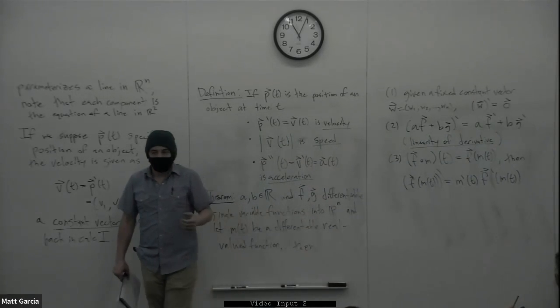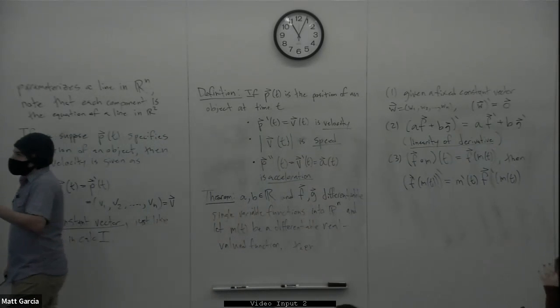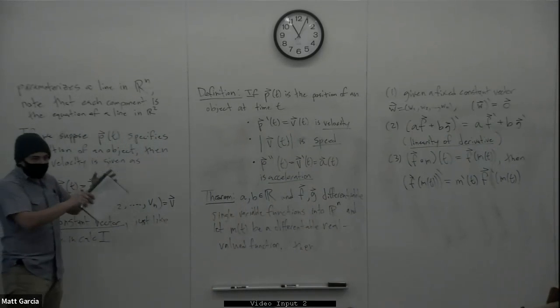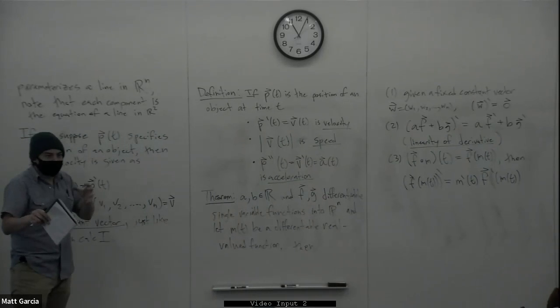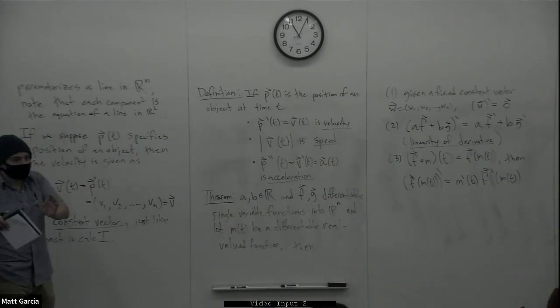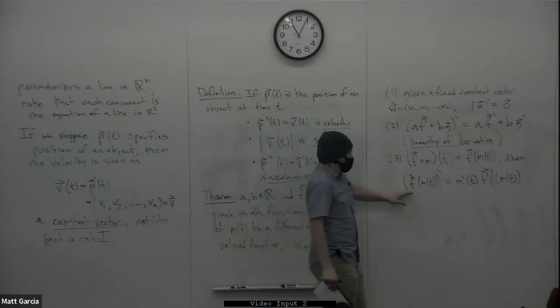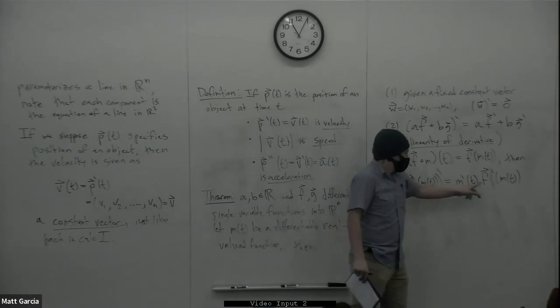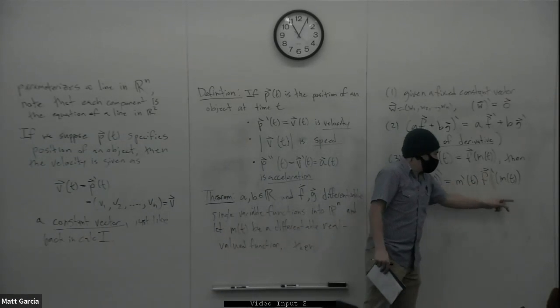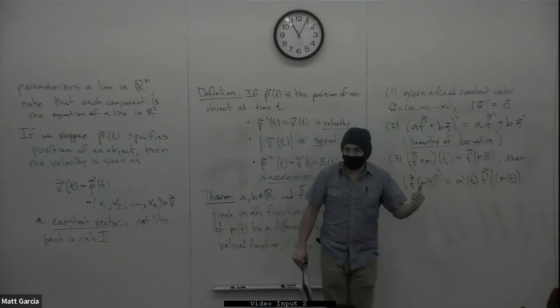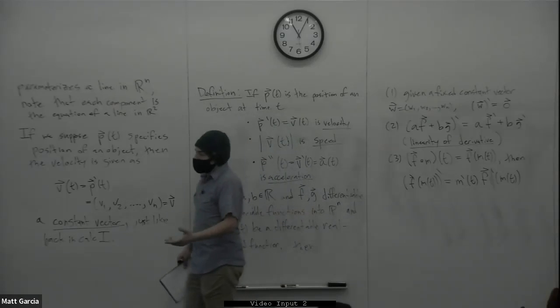We remember what the chain rule says from calculus 1. If I want to take the derivative of g of f of x, I take the derivative of the outside, g prime of f of x, times the derivative of the inside function, f prime of x. The exact same thing is going on here. I take the derivative of the outside, f hat prime of m of t, times the derivative of m of t. Why did I put the derivative of m of t up front though?